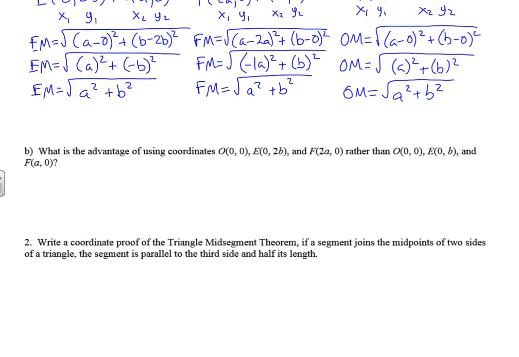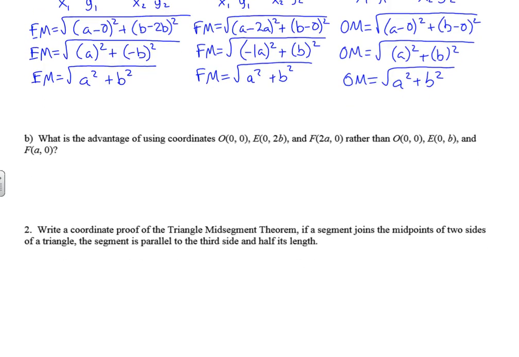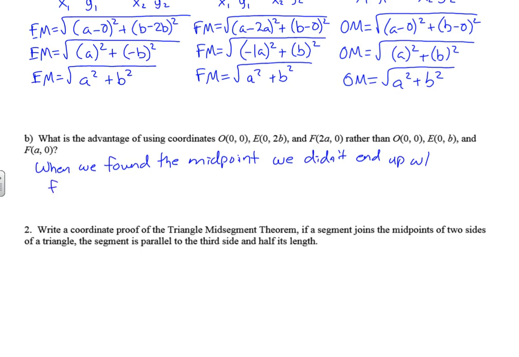Okay, so what is the advantage of using coordinates 2b and 2a rather than 0, 0, b, and a? The advantage is that when we found the midpoint, we didn't end up with fractions, which make the formulas easier to work with.